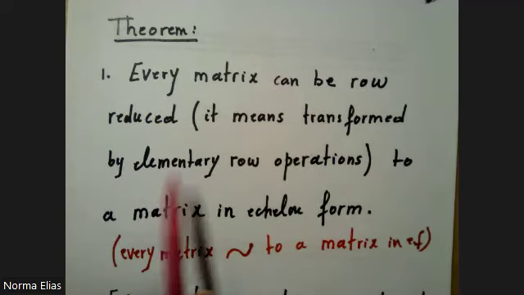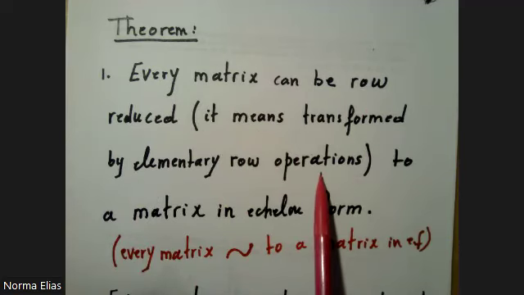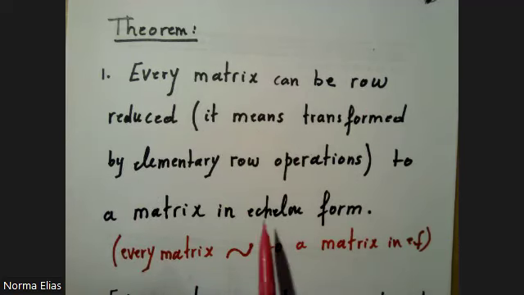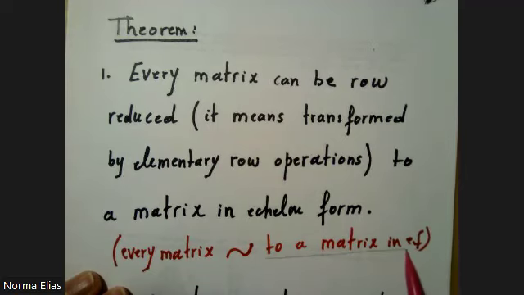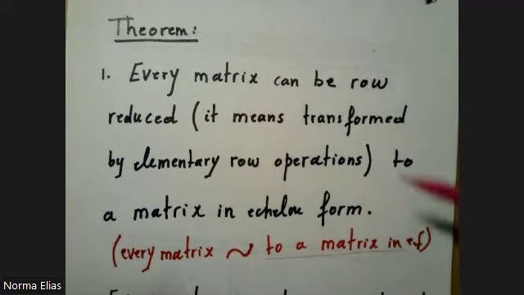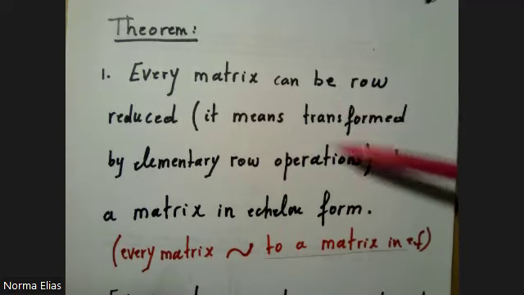It means transformed by elementary row operations to a matrix in echelon form. So whichever matrix you start with, you can always play with it by performing row operations, and the end result should be a matrix in echelon form. And today we have to learn the algorithm of how to do that.